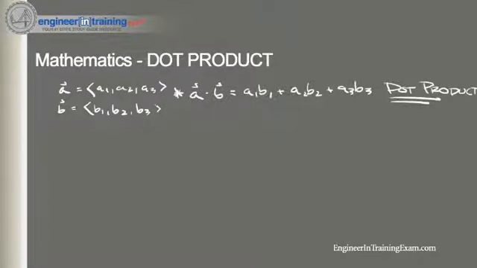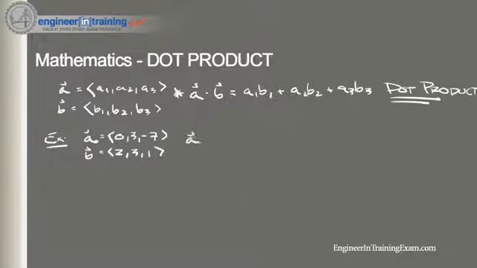So let's look at an example of how we can use this equation of the dot product, or this formula, to determine the dot product of two vectors. Let's say we're given vector A, which has the components 0, 3, negative 7, and we have vector B, which is defined 2, 3, and 1.